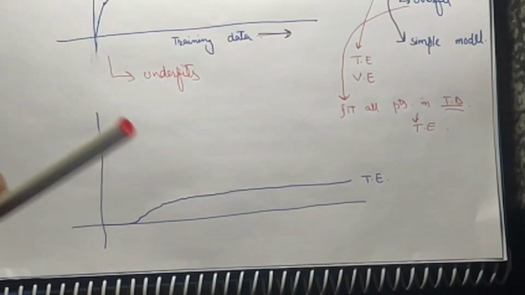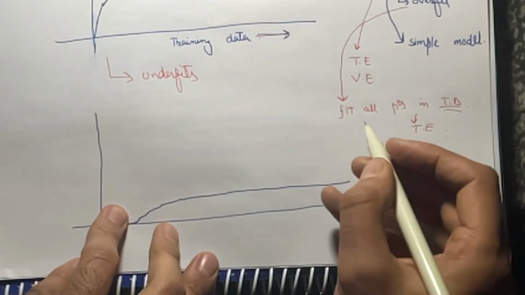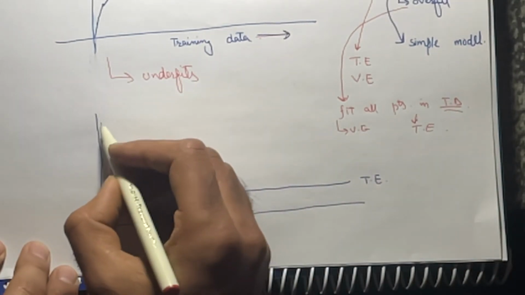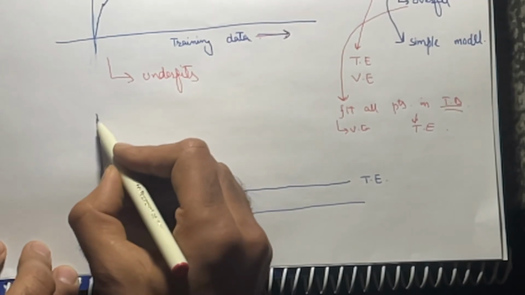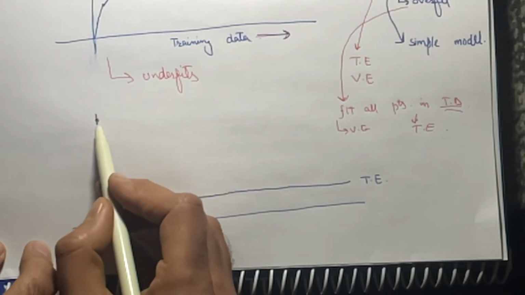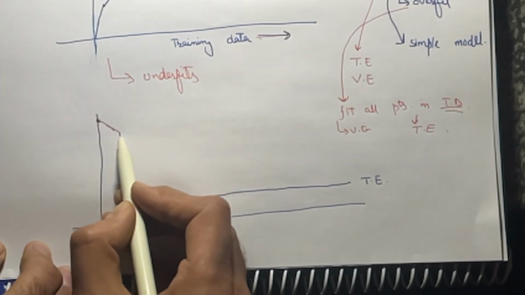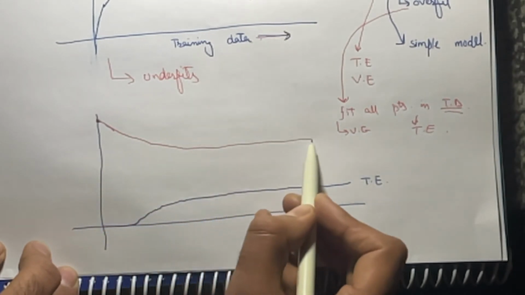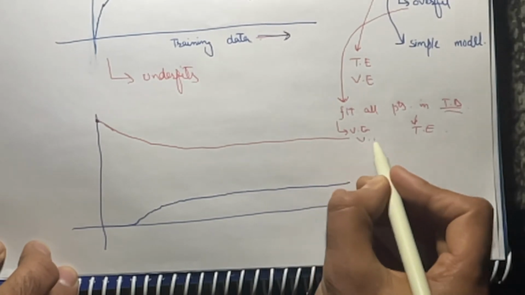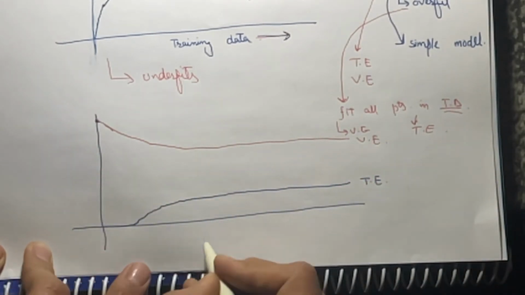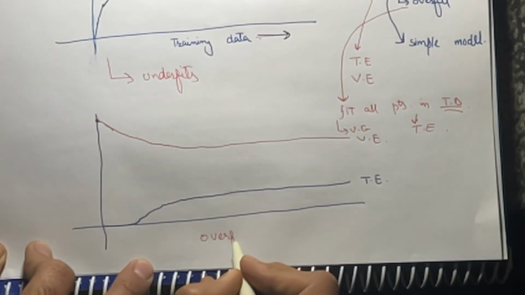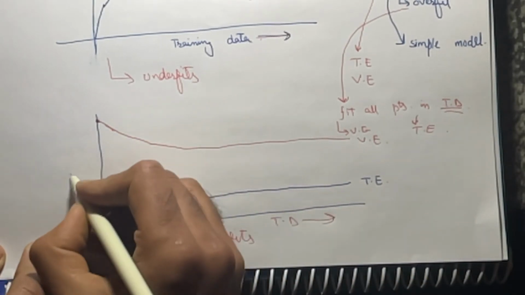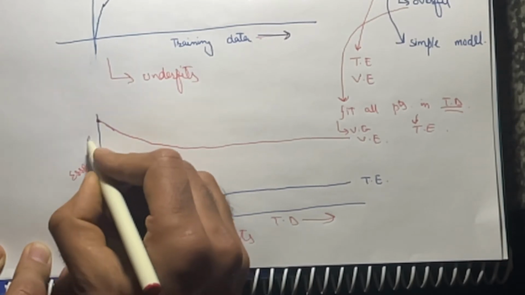But we already know that for a model that overfits, the validation error is very high. Initially it will be very high, and it will go on decreasing, but after some time it will remain constant. This is the validation error for a model that overfits. Here the training data is on this side, and the error is on this side.